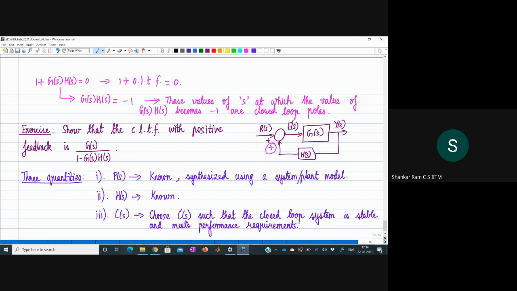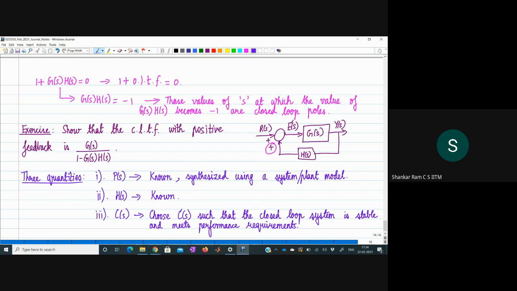And typically, what we will realize is the following. By and large, the structure of the controller transfer function is also fixed. That is, we will choose what the transfer function structure should be, and the overall problem boils down to figuring out certain parameters in that structure.